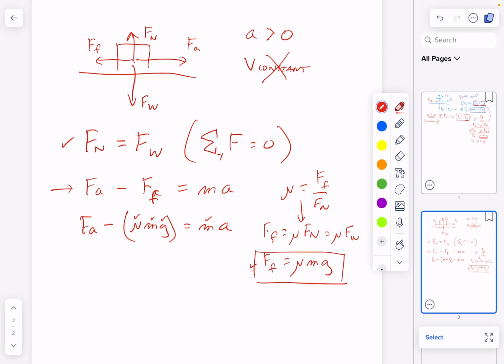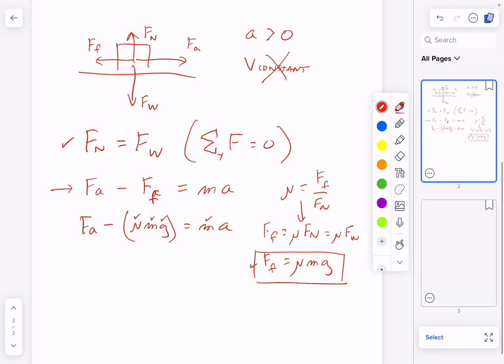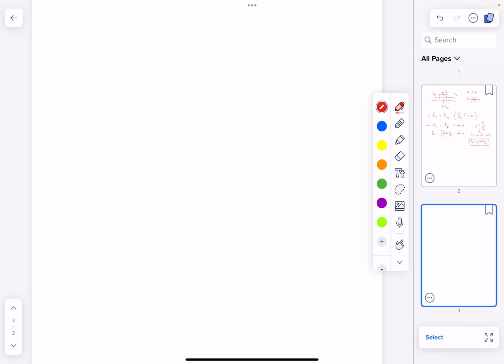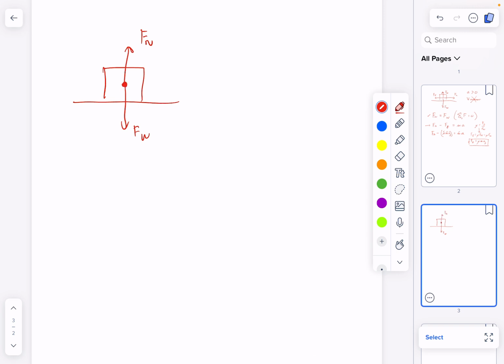All right, let's go to something different then. What if we have a horizontal surface and we have a block on here and we have my force of weight, we have my normal force. Notice I'm drawing all my vectors acting from the supposed center of mass of my object.